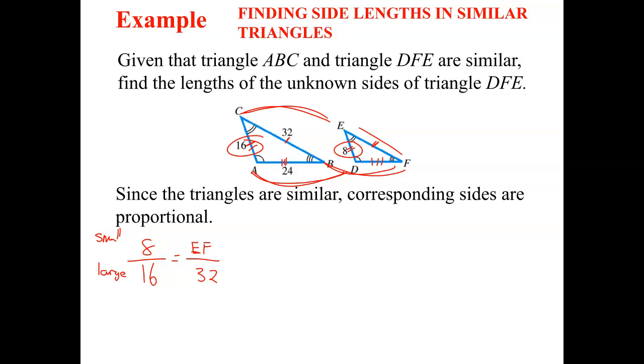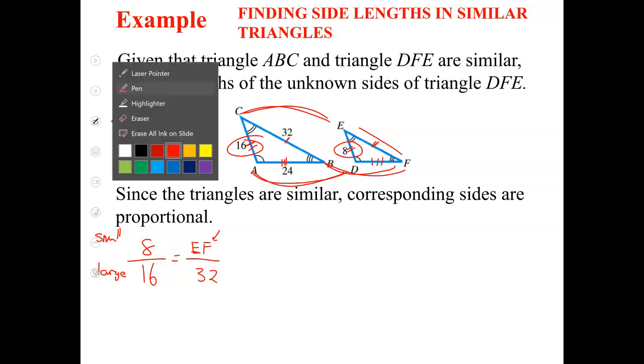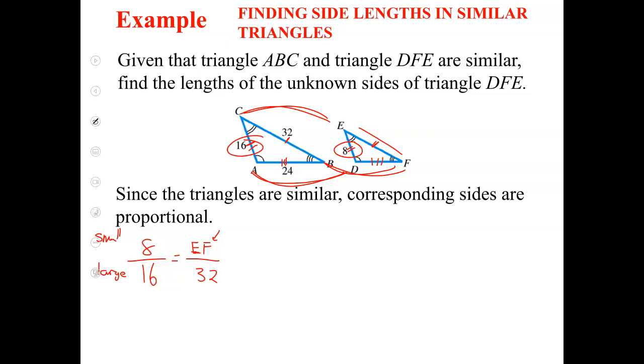This ratio has to be equivalent to this one, so I just need to figure out what side length would make this true. There's a couple ways to do it. If you can see the proportion really easily, by all means, go for it. But sometimes the numbers aren't pretty, and so we just need to solve by doing my most hated phrase, cross multiply.